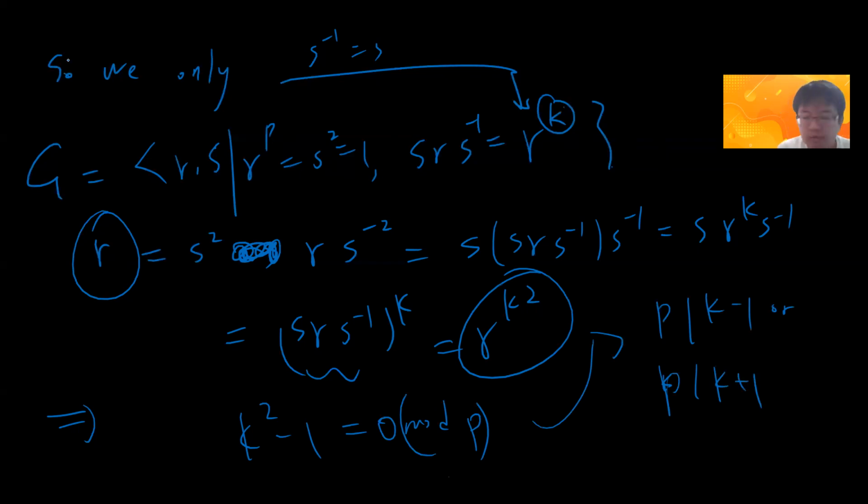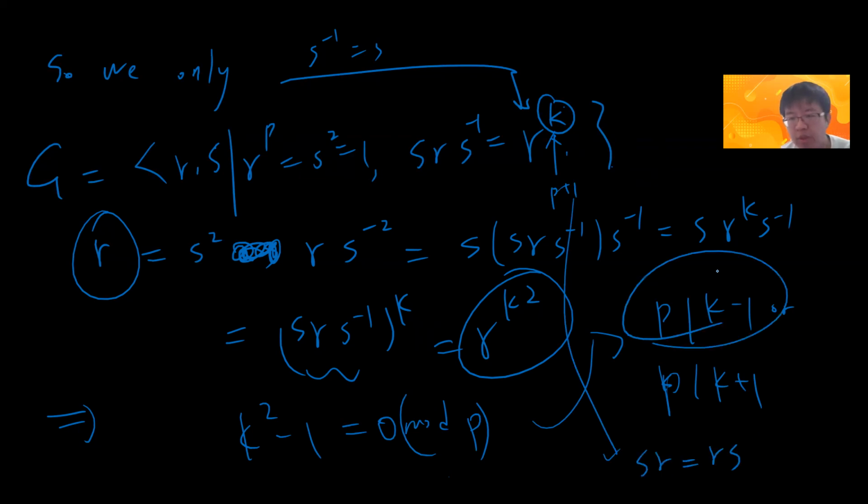Okay, so let's see. If P divides K minus 1, that means K is just 1 mod P. So that means SR is RS. So this will give me an abelian group. Let me just write it down.